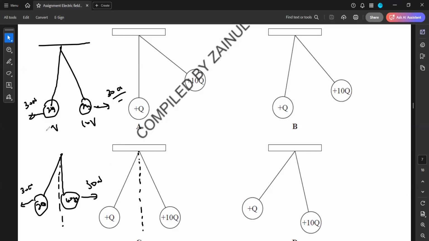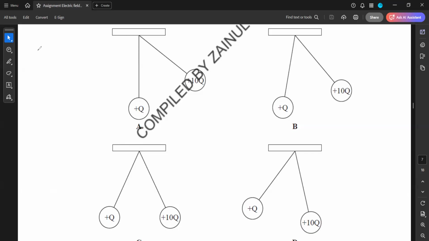When they were not charged, the two spheres would be touching each other. So this is 2 kilogram, this is also 2 kilogram, and they're touching each other.